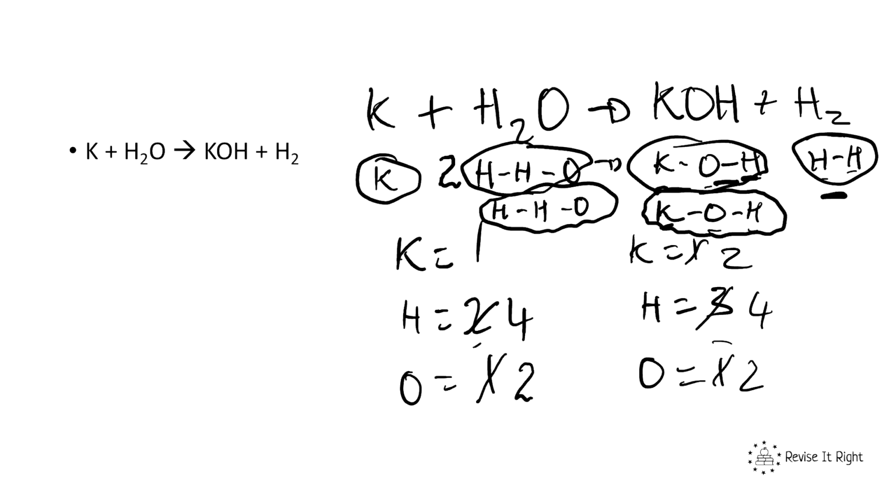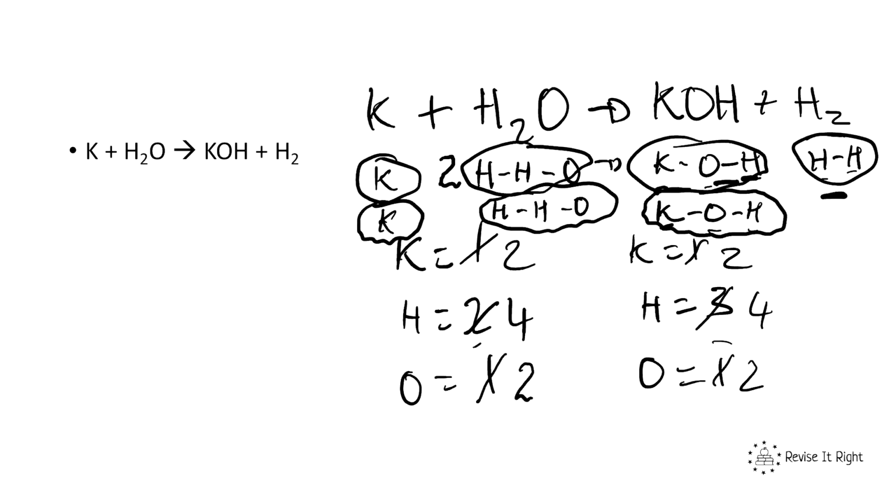hydrogen. And so again, the hydrogen is now balanced, the oxygen is now balanced, but the potassium is now not balanced. So we need to go back over to the left, because we've got 2 potassium on the right, but 1 on the left. So we can't interfere with any of the big numbers, so maybe we can just give another potassium there, and that now gives us 2. So now we can count up what we've got.